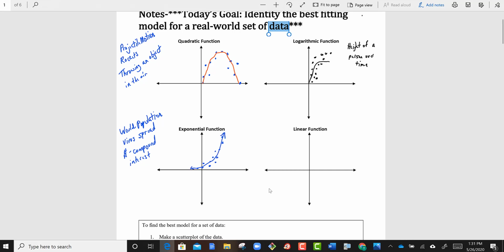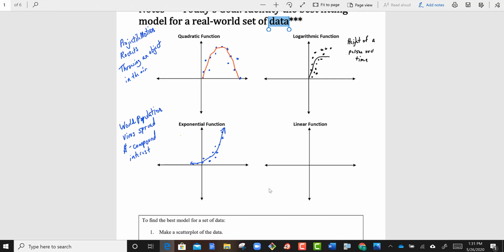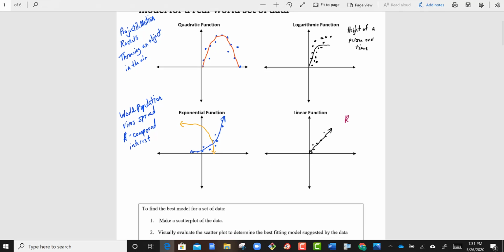But we, of course, know it can also go the opposite direction. And the final type, of course, is a linear function. There's any example where the rate is constant and doesn't let up.